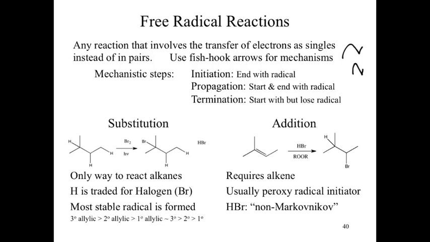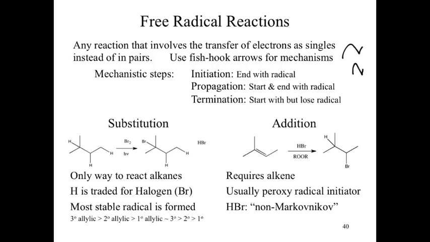If we go through and look at our substitution category, we're looking primarily at alkanes as our primary reactive source, and we're looking at trading a hydrogen for a halogen, typically bromine. We can see chlorine show up, but that's pretty much it. And we're always going to try and form the most stable radical in that intermediate process.